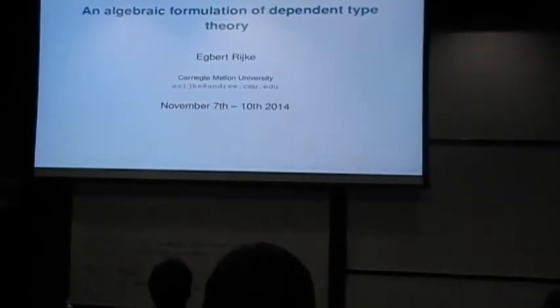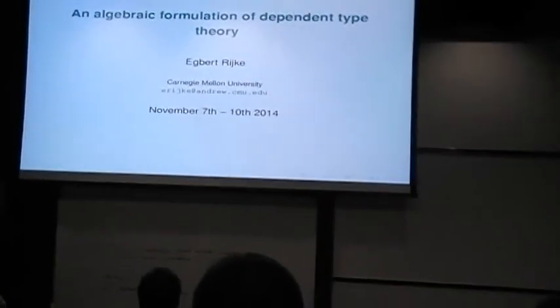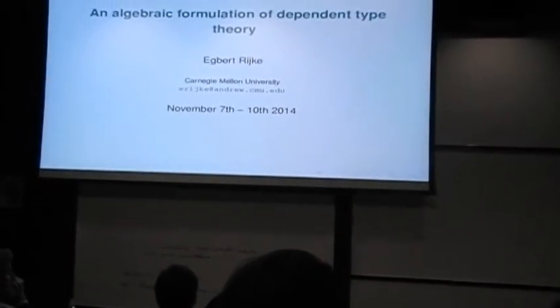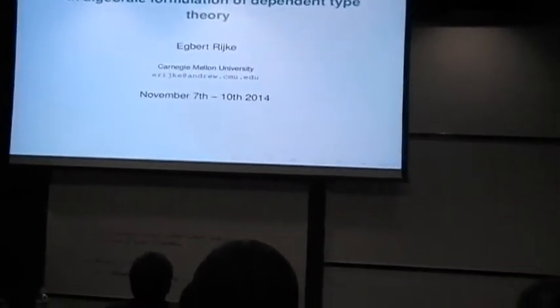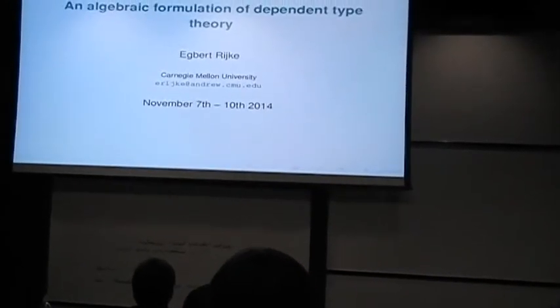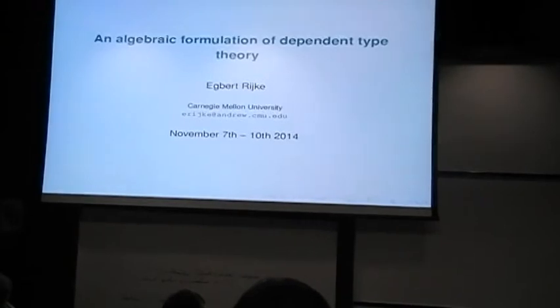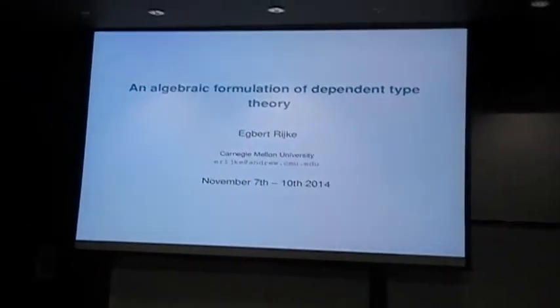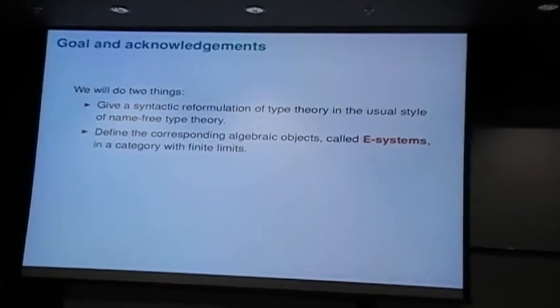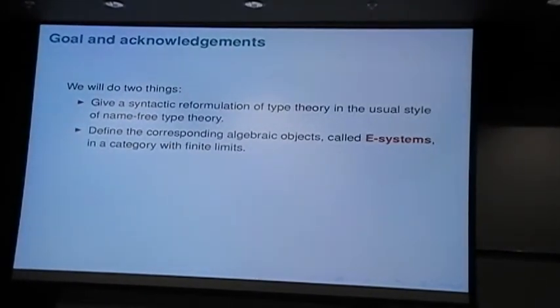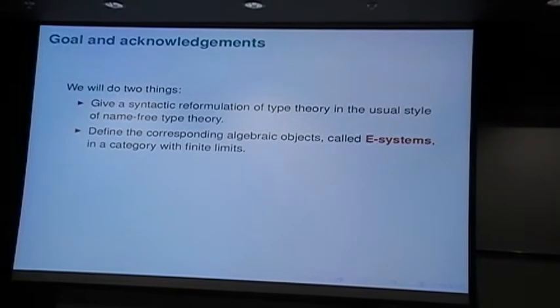There I was investigating the graph model of type theory, which is an internal model of type theory, and I analyzed the structure of this type theory of this model, and I found certain algebraic operations, which I'm going to tell you about, and consequently I try to reformulate type theory in an algebraic way.